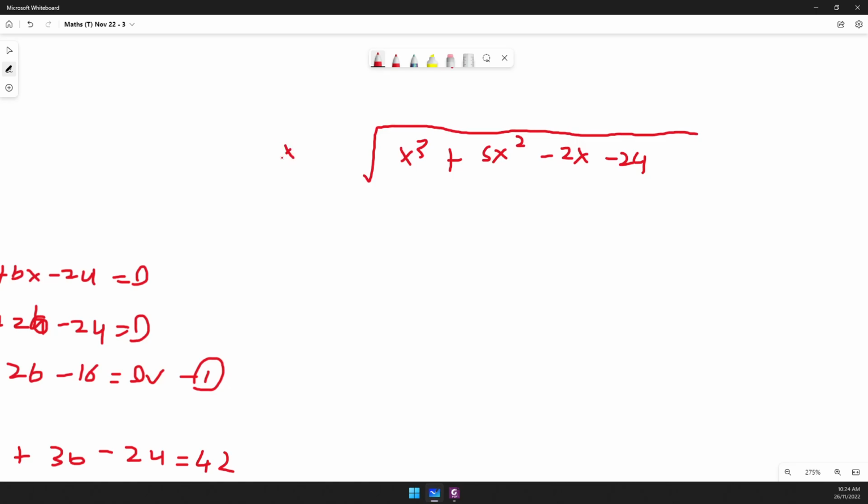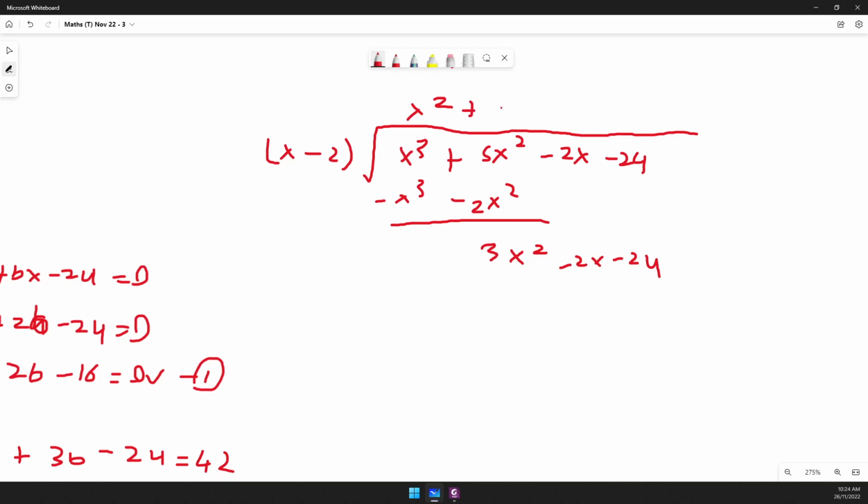So the factor is x minus 2. I think you can do x squared times x minus 2, giving x cubed minus 2x squared. We'll be left with 3x squared minus 2x minus 24.